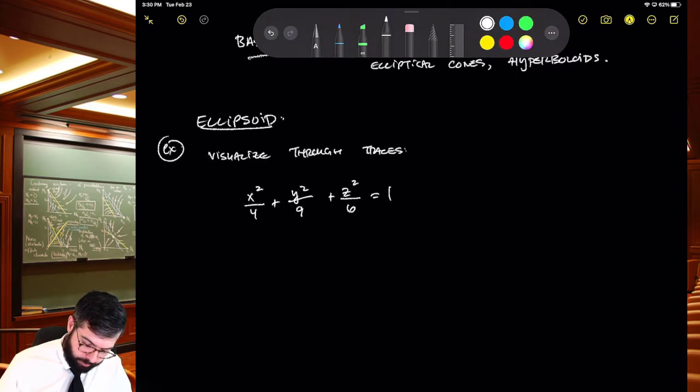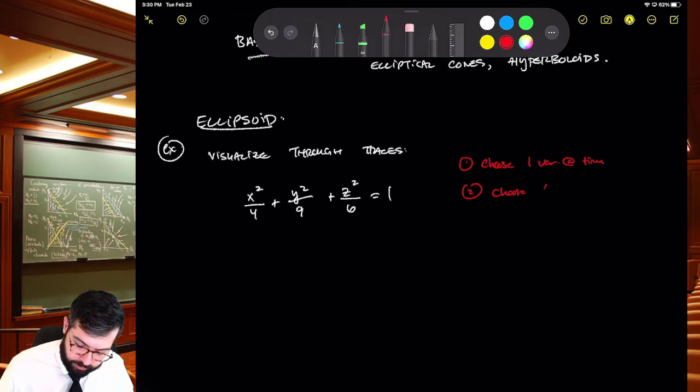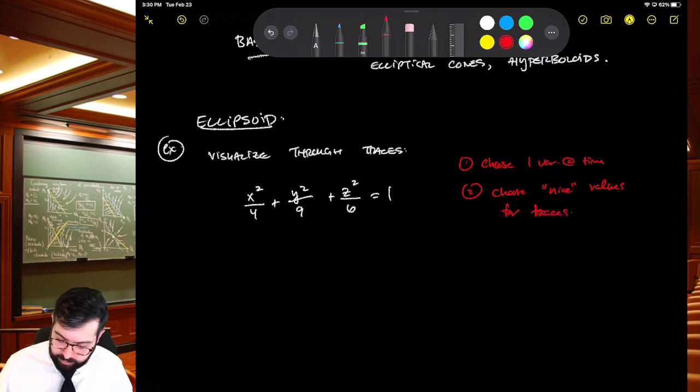So some pro tips here. One, choose one variable at a time. And two, choose nice values for traces, as reasonable as you can.